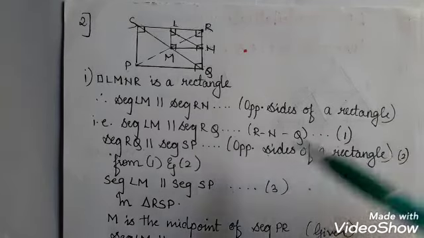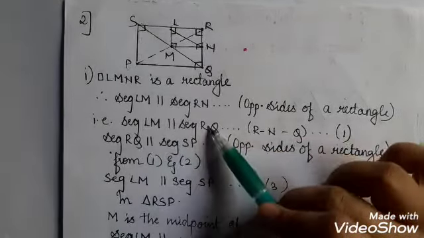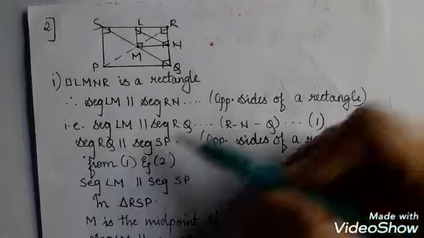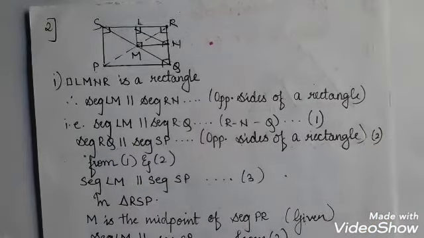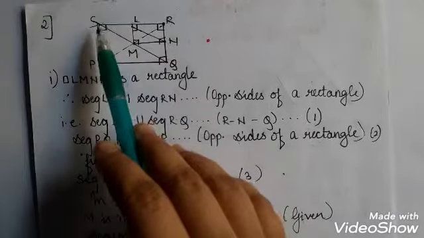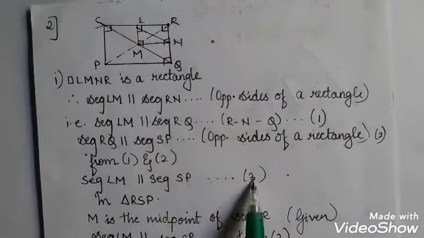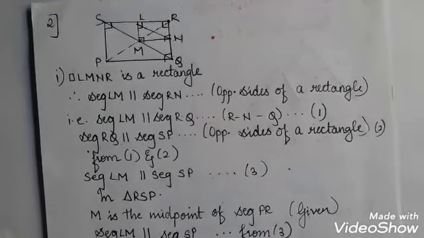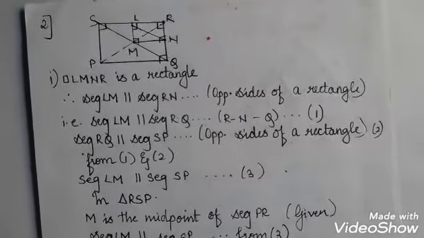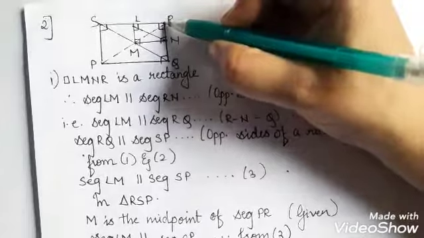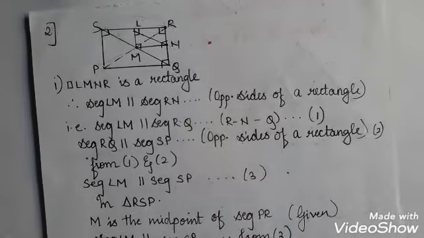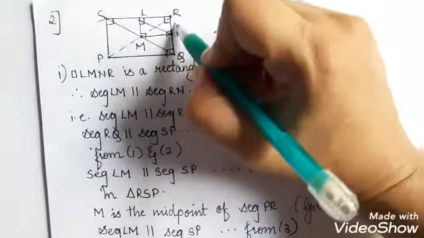So now I compare equation 1 and equation 2. Equation 1 says LM is parallel to RQ, but RQ is parallel to SP. So I can say that LM is parallel to SP. That is equation 3. Next, in triangle RSP, M is the midpoint of segment PR.